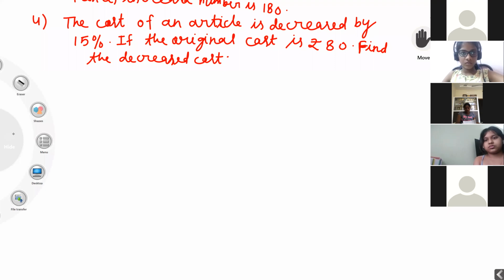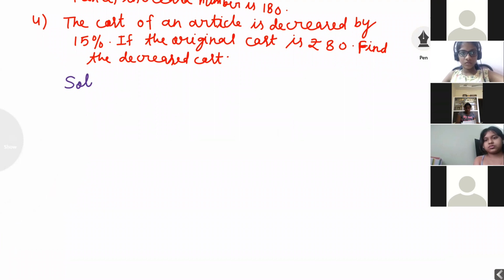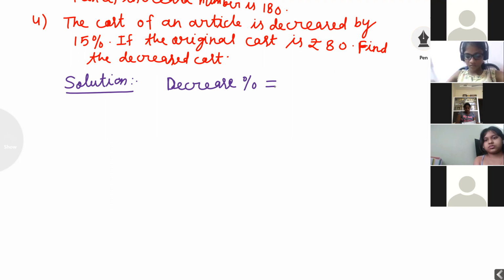Now in this question, firstly he has given the decrease percentage. Note down, decrease percentage is equal to 15%.